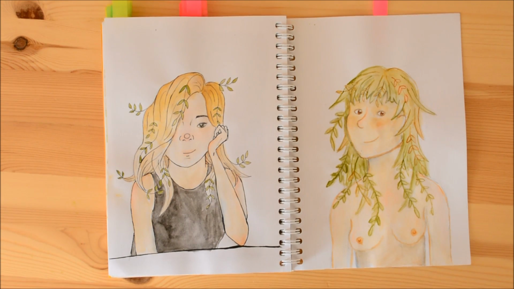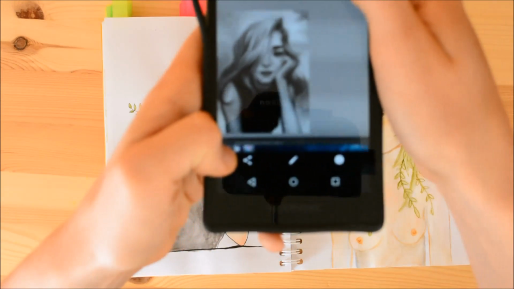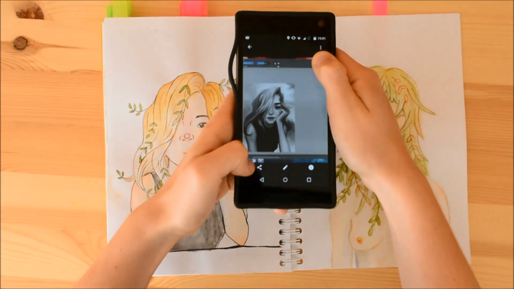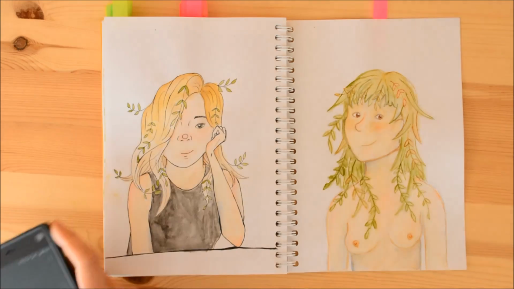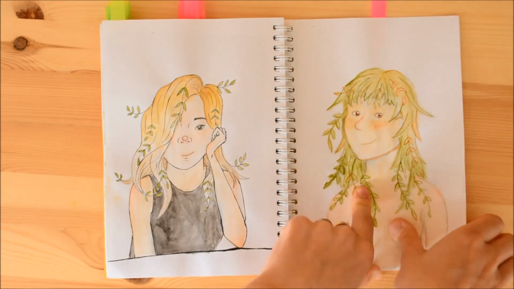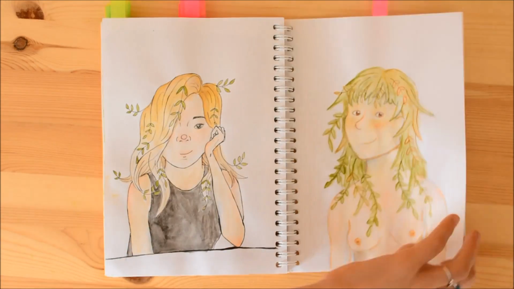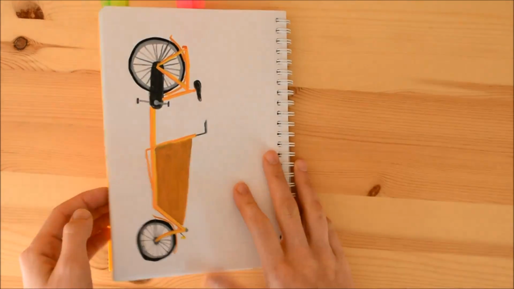I'm gonna look it up for you. It's gonna take a second. See, no, this one was inspired by that, and then this one was inspired by this one, and then this one was inspired by that one, and then this one was inspired by that one. So that's also a way to work.